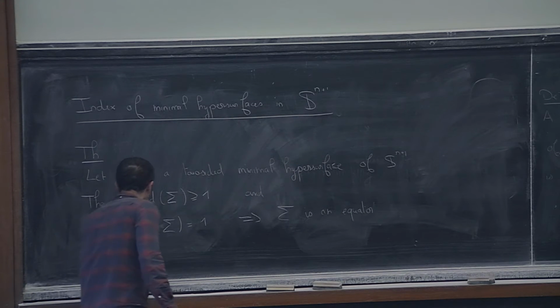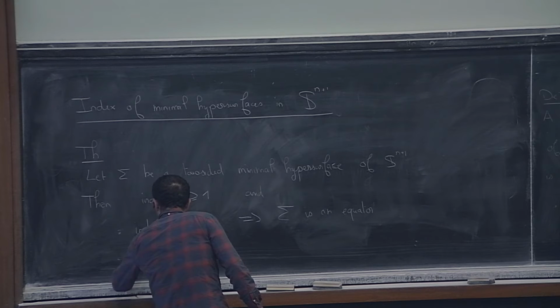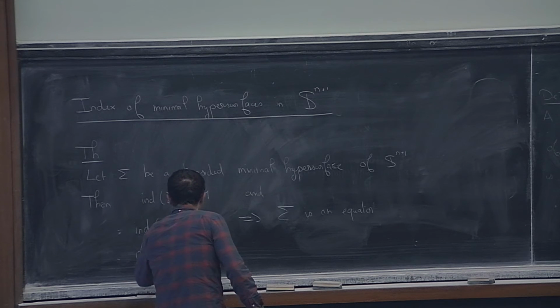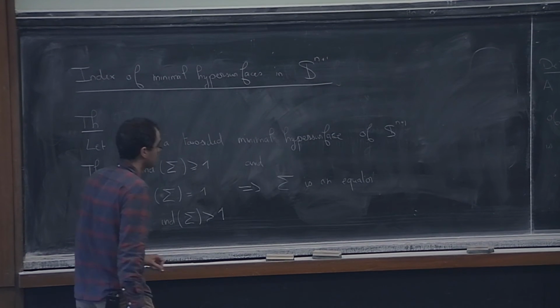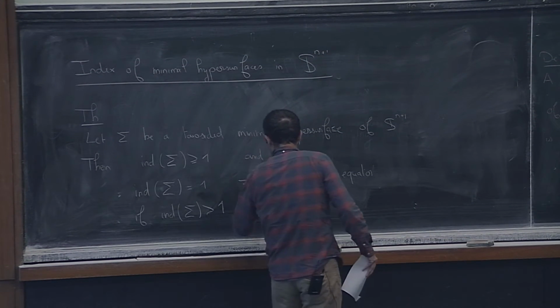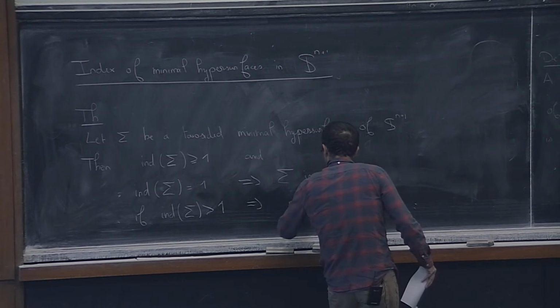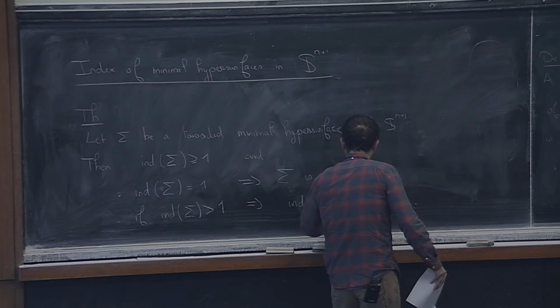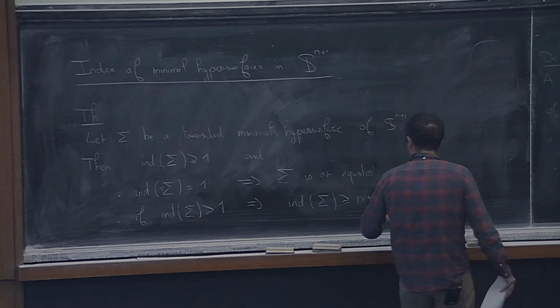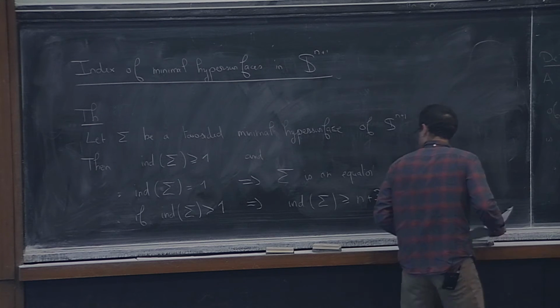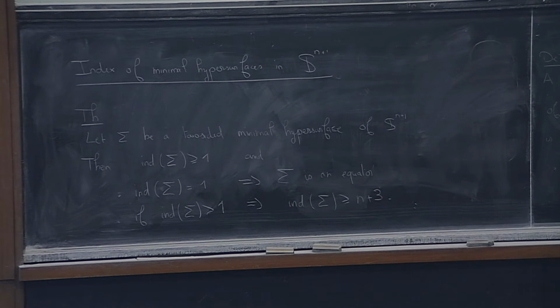And if the index of sigma is larger than 1, then the index of sigma is at least n+3. So there is a gap in the possibilities of index for minimal hypersurfaces in the unit sphere.